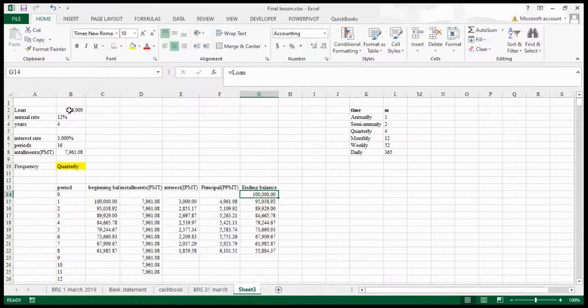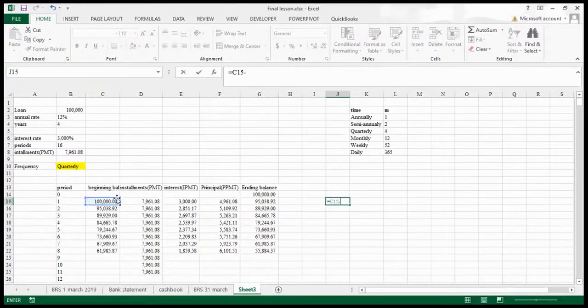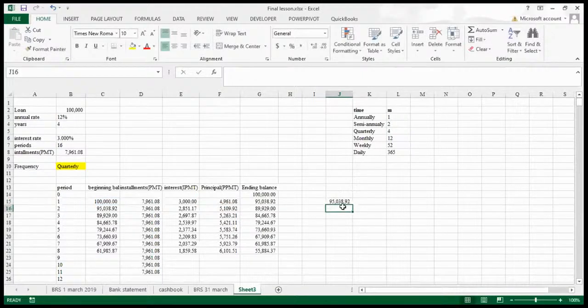The next one in period 1 is the beginning balance minus the principal amount. That is 100 minus this principal amount, then you enter. I'm getting 95,038. That is what I have here.